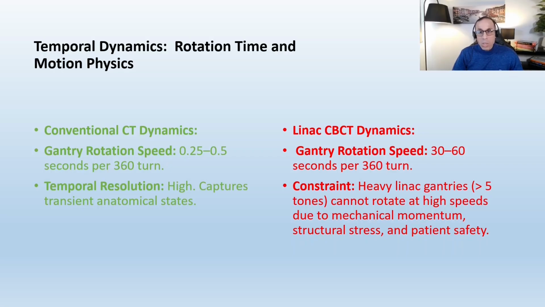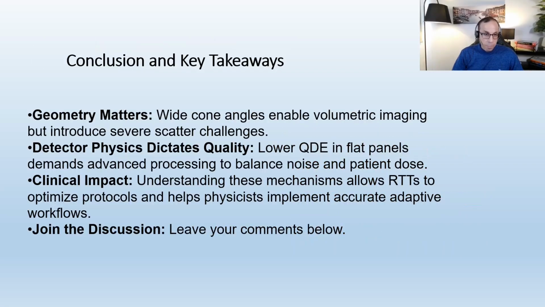This long acquisition window introduces serious challenges. The patient continues to breathe, their heart beats, and peristalsis occurs during the entire scan. So CBCT is more susceptible to motion artifact compared to conventional CT.